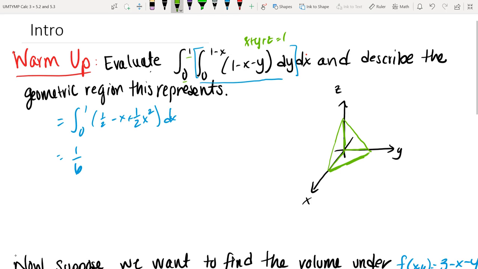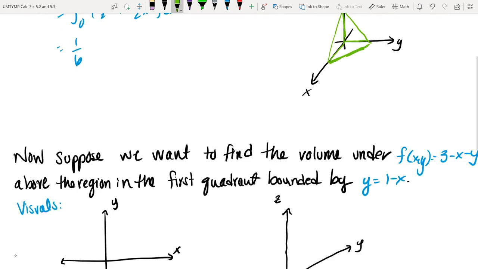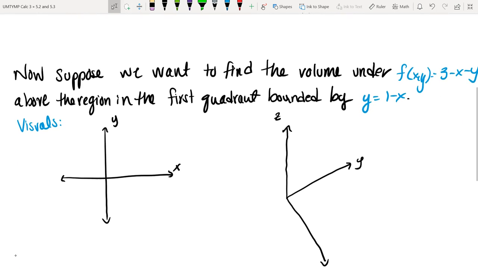Now we're just going to continue along with that theme, and we want to find the volume under this particular plane and above the region in the first quadrant bounded by that. So now our story shifts just a little bit.